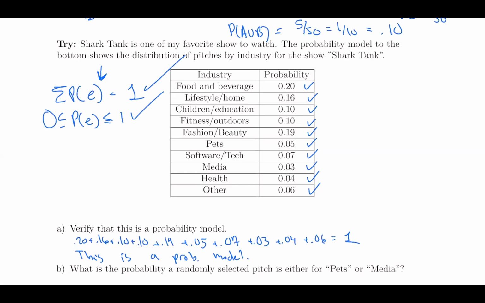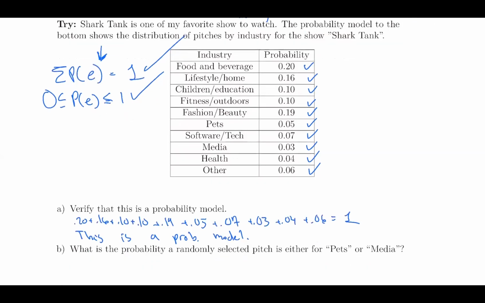All right, so let's do part B. It says, what is the probability a randomly selected pitch is either for pets or media? So for pets, I'm just going to put pets. And then if you look at it, or in this case is the key word.